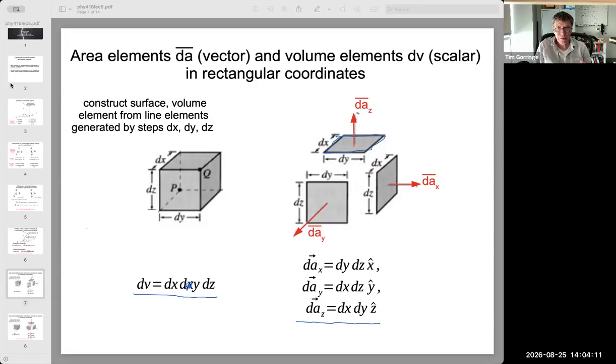But the real difference is just related to that step in phi that we took, where d phi was just an arc of a circle, an angle that we swept out. The distance that we stepped was actually rho d phi. So that's going to come in when we look at the area elements and the volume element in cylindrical coordinates on the next slide.